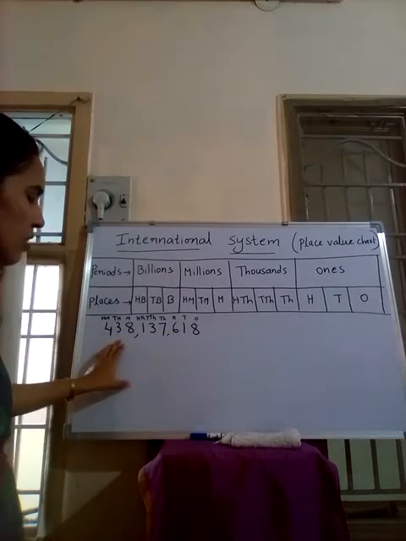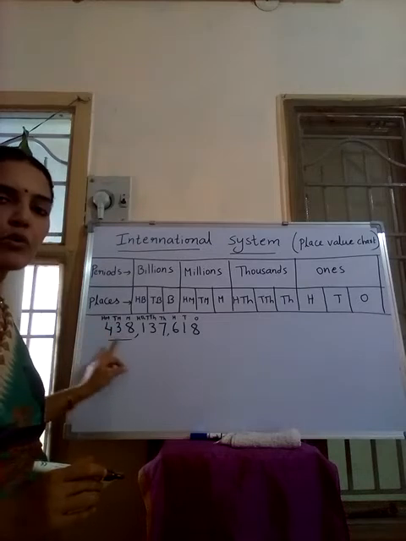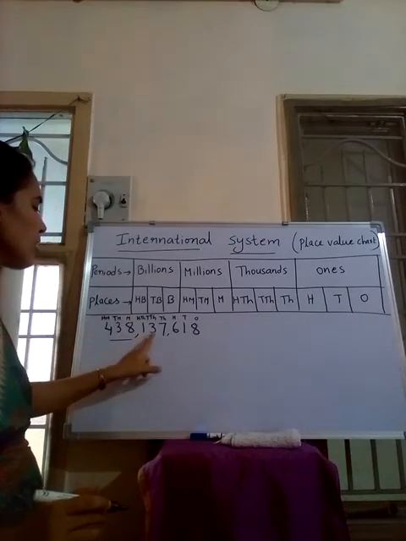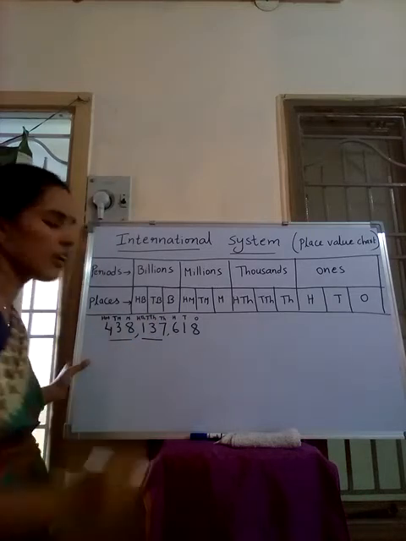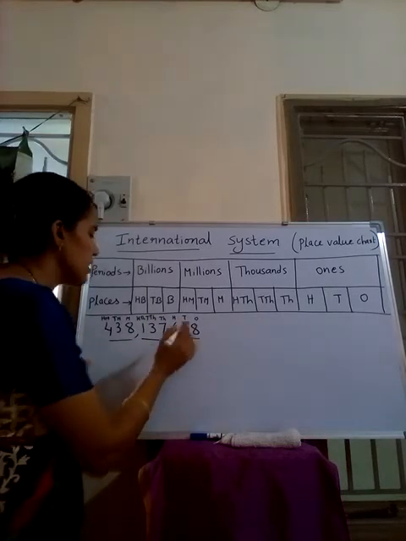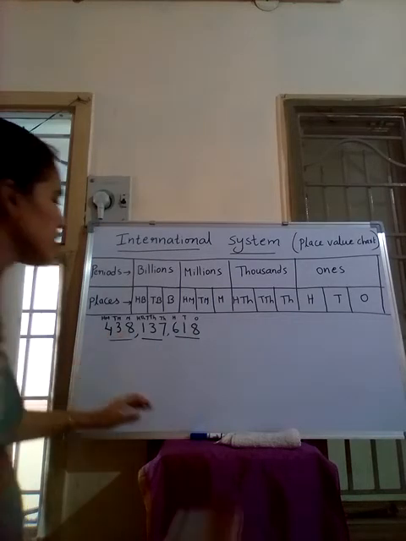How many millions are there? How do we read this number? 438, 438 millions. 137,000, how many thousands are there? 137 and 618. Okay, what is the number name?